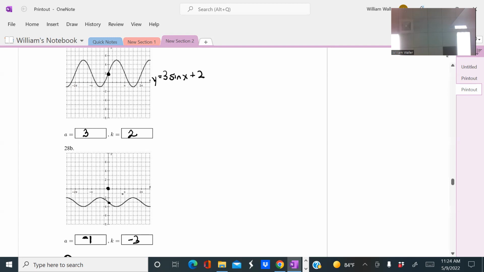Normally the sine curve would go up and then come back down. This one is going down and coming back up. So we do have a little bit of a change in that a value. The amplitude is still 1, by the way, but that a value is -1 in this picture. So the formula for this is y equals minus sine of x minus 3.